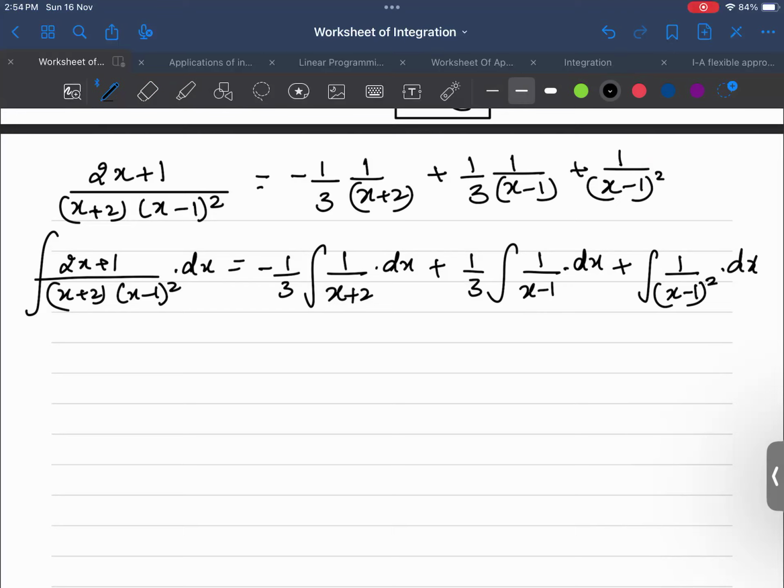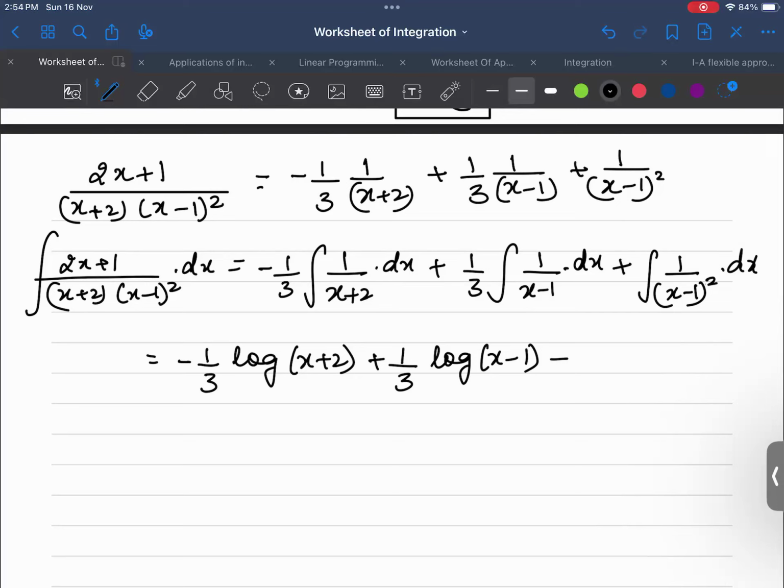Now simply integrate. The minus 1 upon 3 would be log of x plus 2, plus 1 upon 3 log of x minus 1. Then plus the last term: we consider it as the power minus 2, and when we integrate it, I think it's a very easy one.